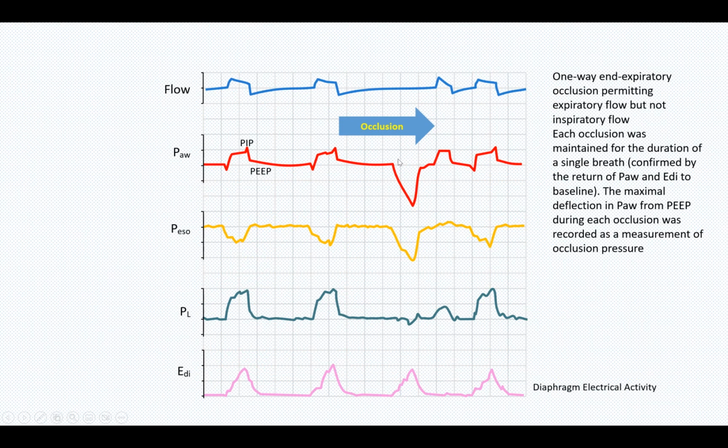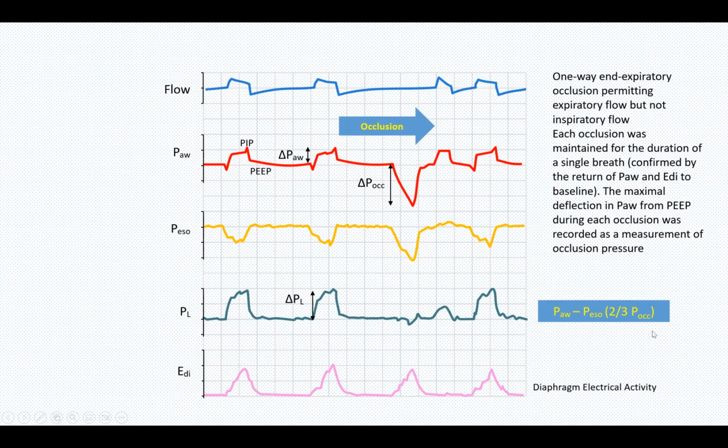And when we occlude the airways, the patient, if he has inspiratory efforts, is going to generate negative pressure in the airways against occluded airways. And we learned that this occlusion pressure is very closely related to the esophageal pressure of the patient. And we can use it to determine the transpulmonary pressure.